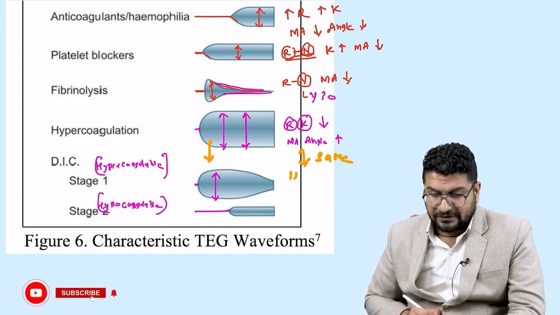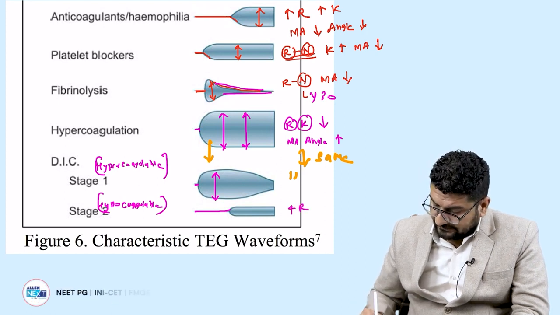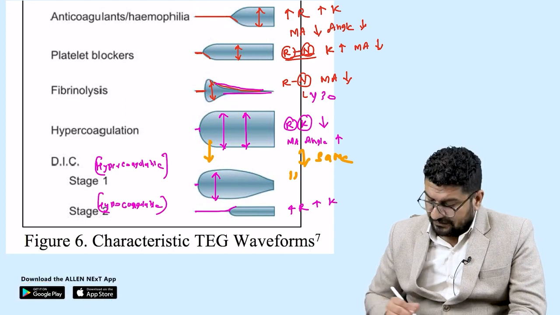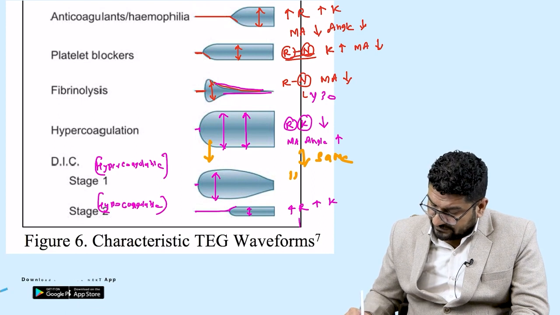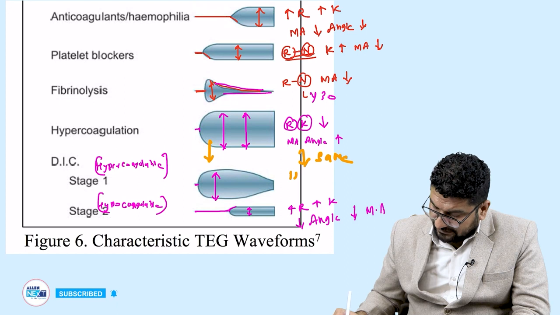Prolong होगा. So here you can notice R time is prolonged, increase in R, increase in K, R बढ़ गया, K बढ़ गया, and you can notice like अब angle और amplitude दोनों कैसे हो गए? कम हो गए. Decrease in angle and decrease in maximum amplitude.